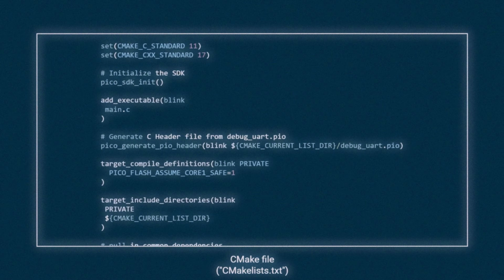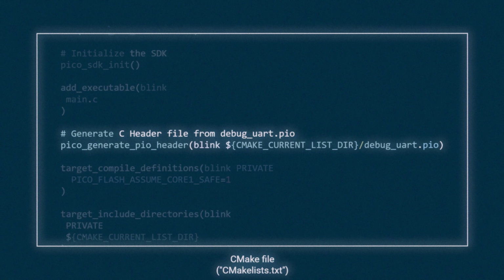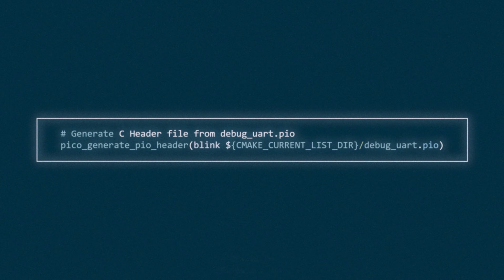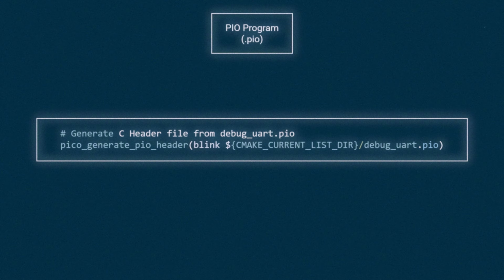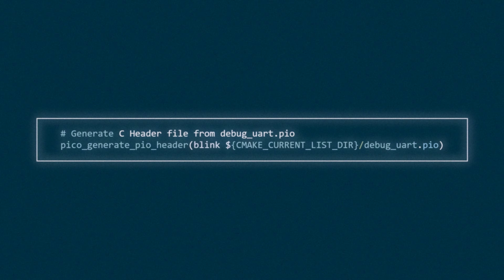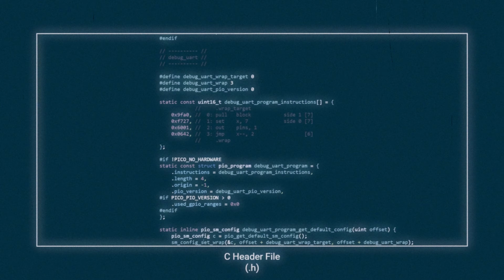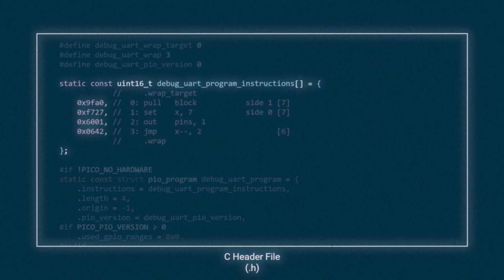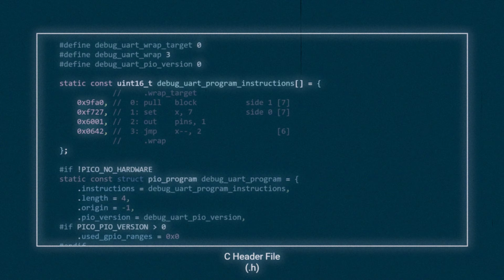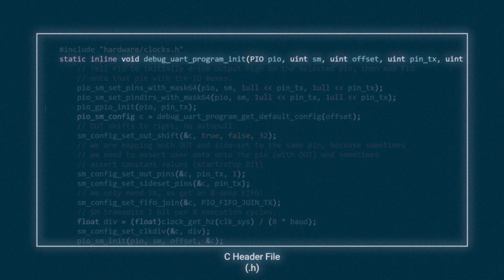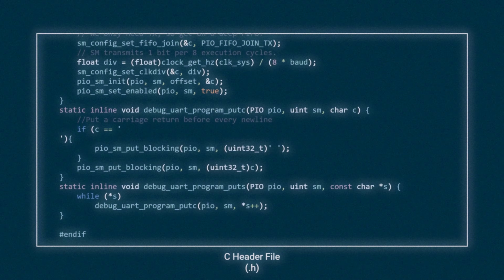In our CMake file, we can run a function provided by the Pico SDK called pico_generate_pio_header, which reads the contents of our PIO program and converts it into a C header file, which our main C program can read from. This C header file contains a translated version of the PIO program, as well as some important functions for initializing and giving commands to the PIO program.